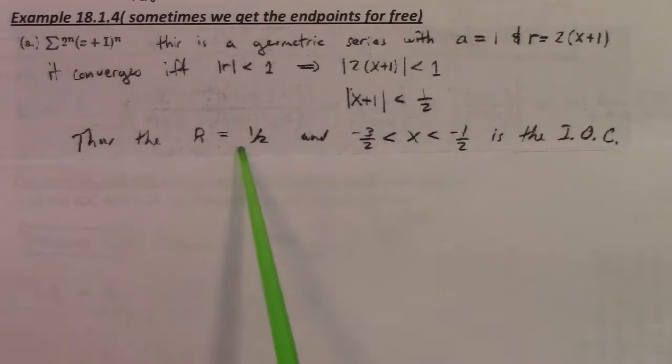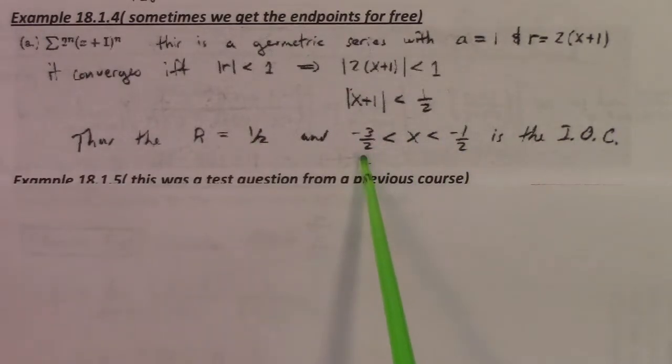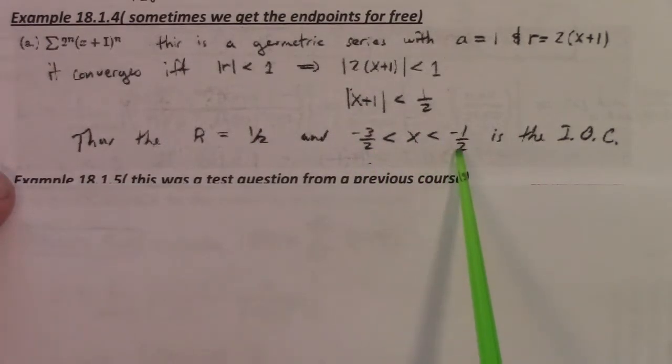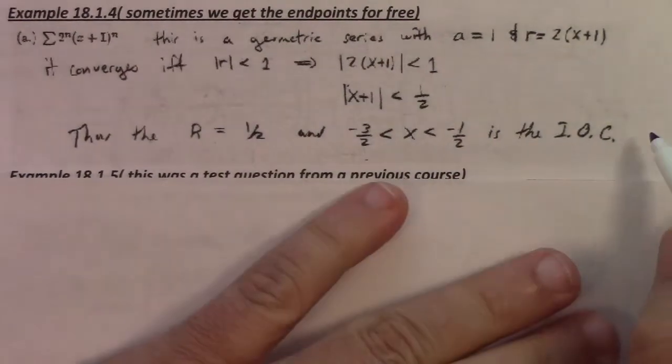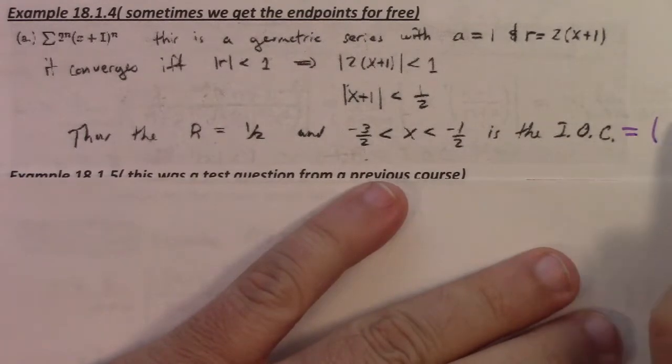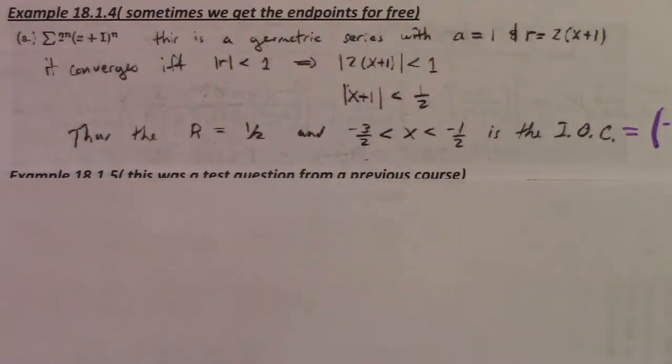So my radius is 1/2, and my interval of convergence is -3/2 less than x less than -1/2, which if we were to write in interval notation, is (-3/2, -1/2), right? That's interval notation. So if your instructor asks for interval notation, they want that, okay?